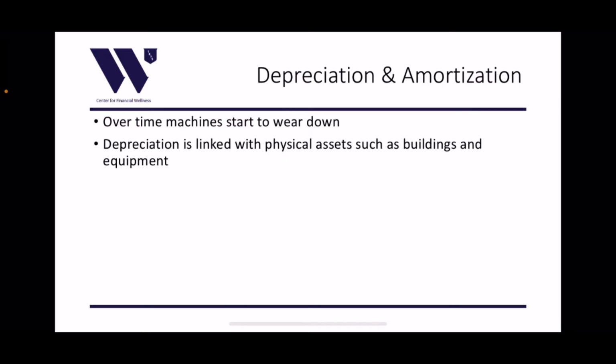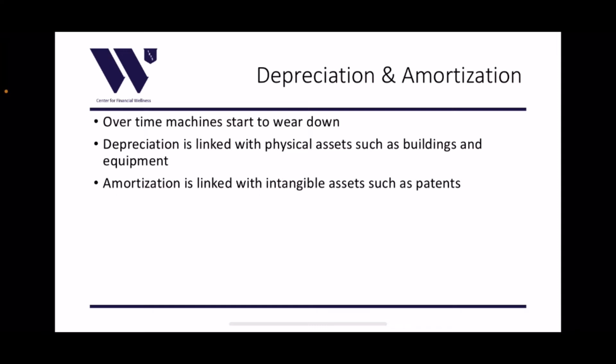Another thing to keep in mind that's pretty important is that depreciation is slightly different than amortization. When we're looking at these expenses, depreciation is linked with physical assets such as buildings and equipment. As I just explained, those buildings and equipment will start to wear down over time. But amortization is linked with intangible assets, something along the lines of patents.